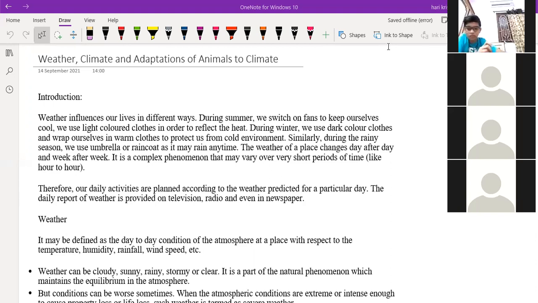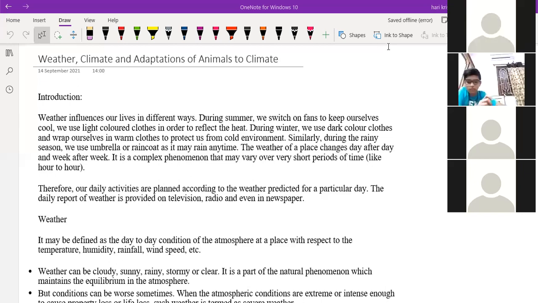Sir, we wear light clothes because they reflect the heat and don't absorb it. So light colored clothes reflect the maximum amount of heat, whereas dark colored clothes reflect only a minimum amount of heat. So for us, it will be somewhat hot.